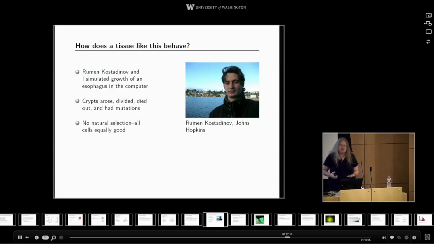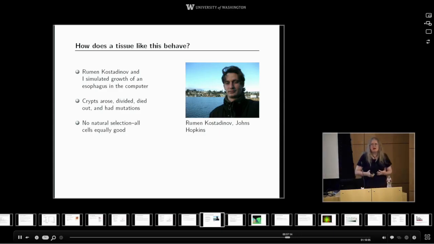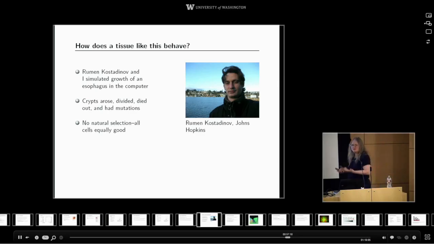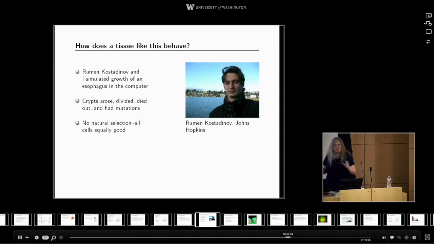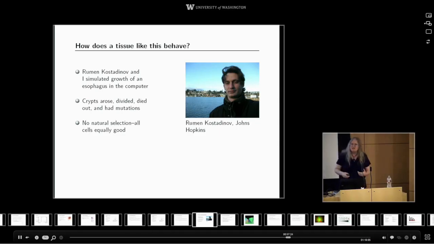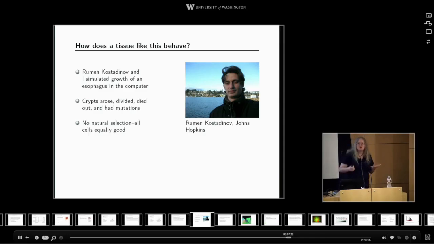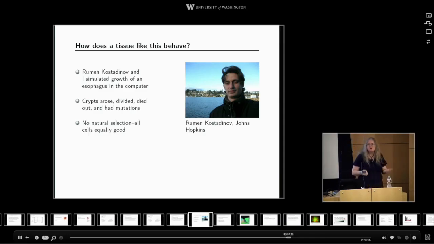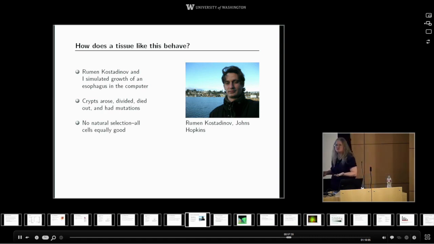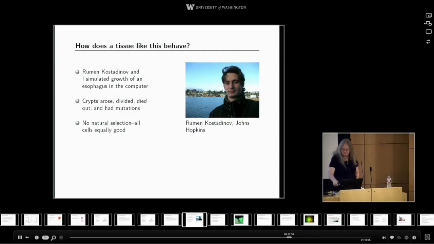So Rumen Kostadinov of Johns Hopkins and I became interested in how a tissue that's divided into crypts like this is going to behave, and we simulated it in the computer. We made a system with simulated crypts that arose, divided, died out, and had mutations. We looked at a case where there was no natural selection favoring one cell over another. We just wanted to know the natural dynamics of a tissue like this if no favorable mutations arise.